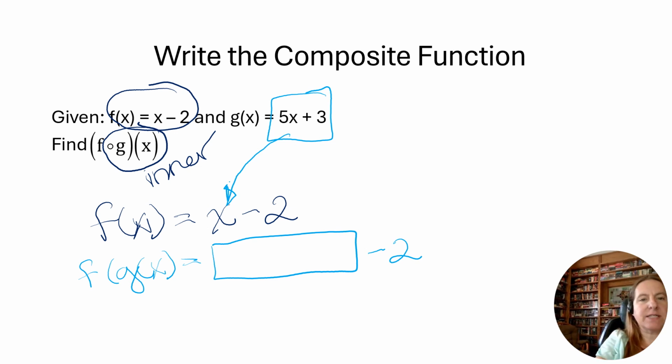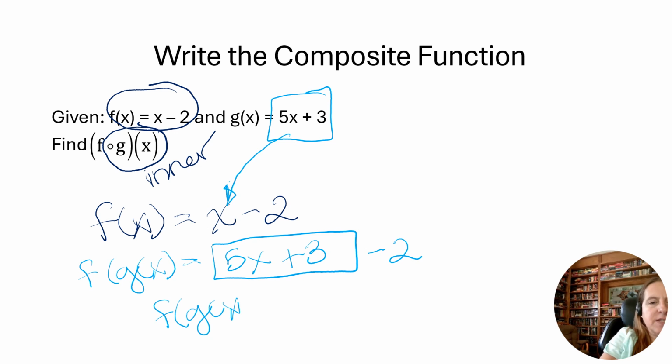Now instead of x, I'm going to fill in the information from that first function, 5x plus 3. And then I want to combine like terms and simplify. I have plus 3 minus 2, so f of g of x is going to equal 5x plus 1.